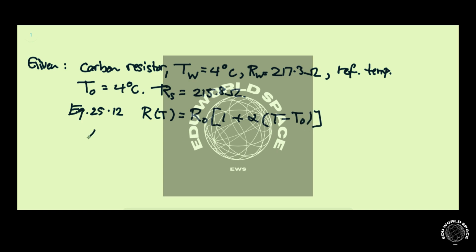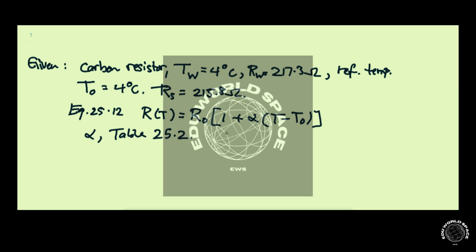Alpha can be found in table 25.2, and this alpha will be the alpha corresponding to carbon. It has units of inverse Celsius.